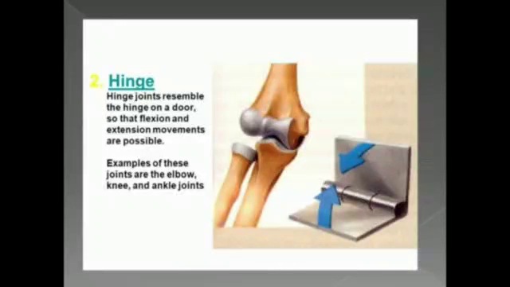You can also open and close a door a few times and observe the hinges of the door carefully. So you observe that they allow the door to move back and forth in one direction. So this kind of movement is allowed by a hinge.